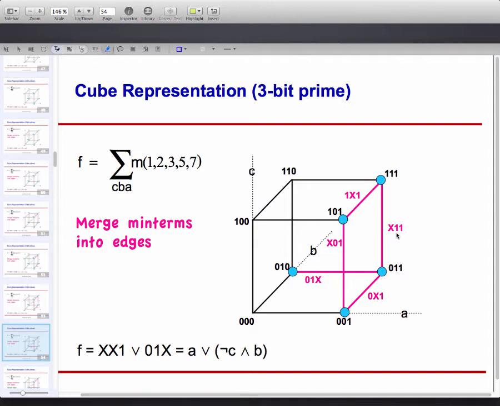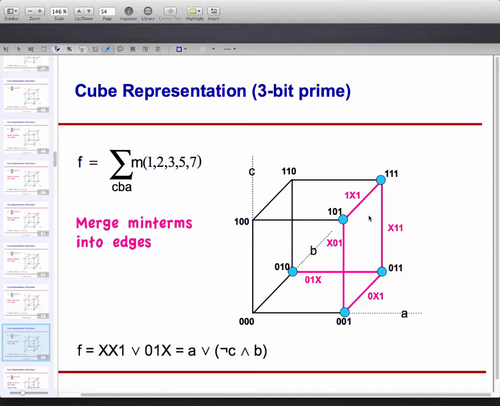So with this, our job now becomes this: we started out with 5 minterms, and I had to OR all the 5 minterms. Now my strategy is going to be to select enough of these pink edges so that all the vertices that I'm interested in are covered. That is, one of the pink edges should cover each one of our 5 cyan vertices.